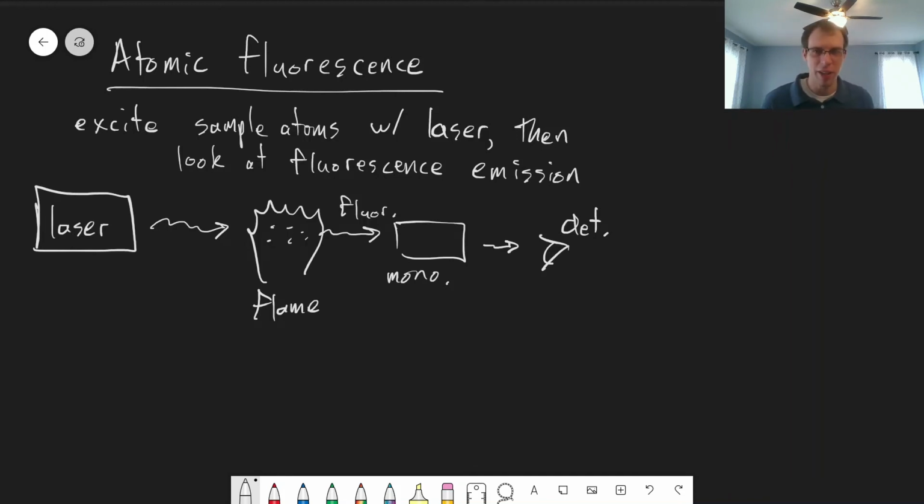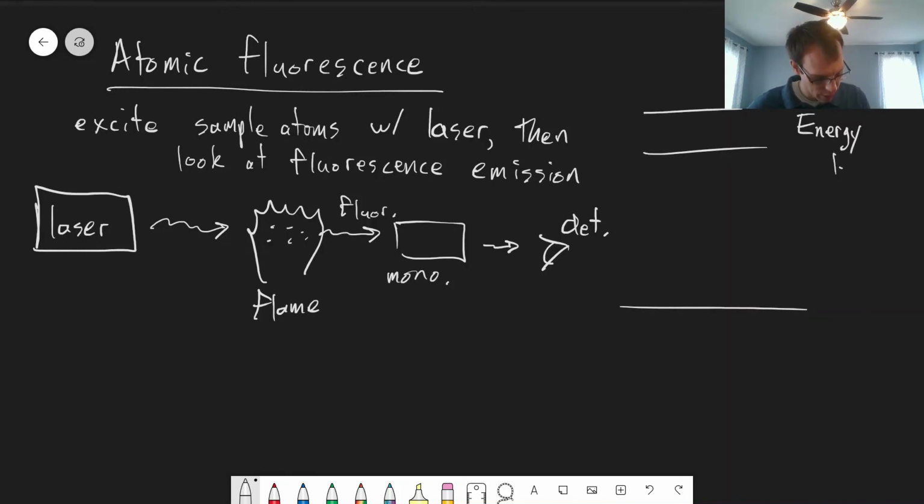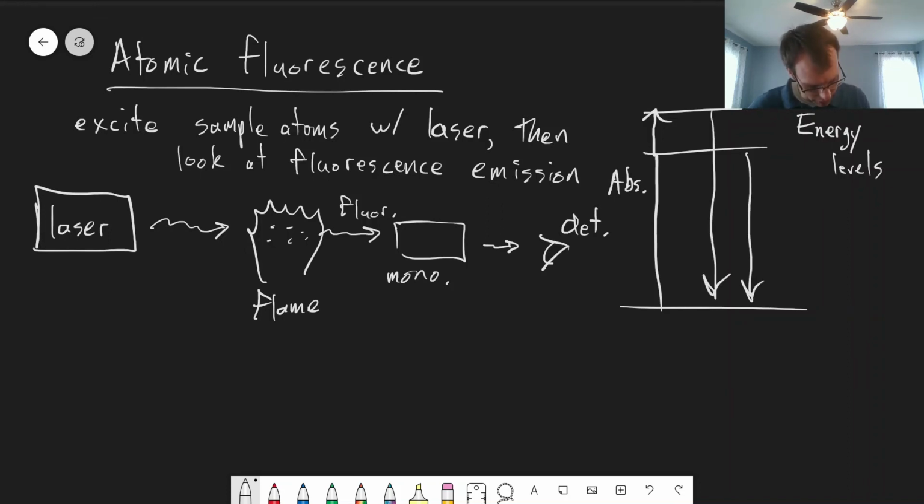So this is not as generalized. The atomic absorption and emission experiments will work for basically any atom. For the atomic absorption experiment, we need the proper lamp. Same thing here, you need the proper laser that'll work for the particular atom you're trying to measure. If we think about this in terms of the energy levels, just to complete this, we're first going to have absorption from our laser, and then we'll see the fluorescence.